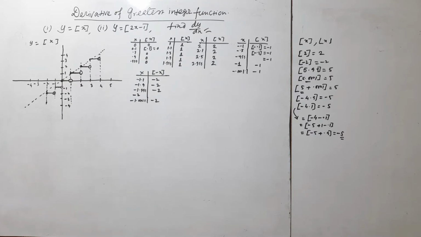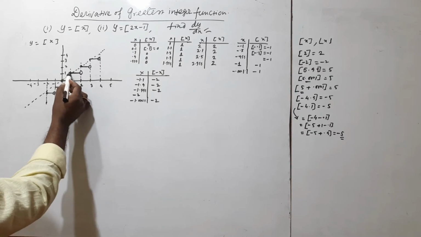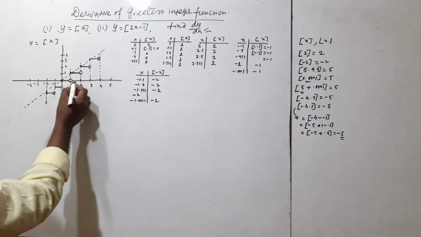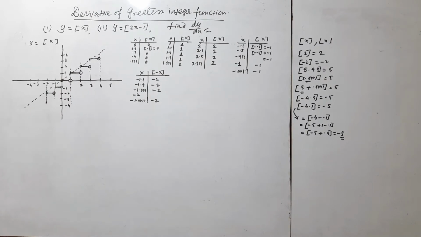See, it is differentiable. See here, from this to this, from this to this, from this to this, and it is the fraction. So when the value of x is fraction, then the box function is differentiable.